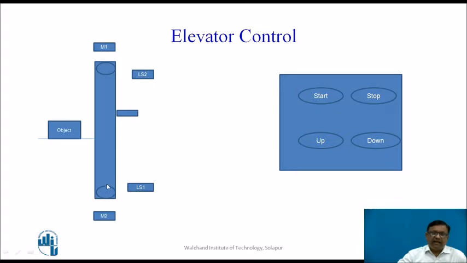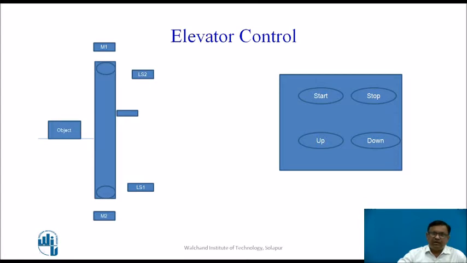To the other side there is a weight associated with the object, so that when the object moves upwards, this weight comes down and touches LS1, that is limit switch 1. When this weight touches limit switch 1, this object has reached its highest point.